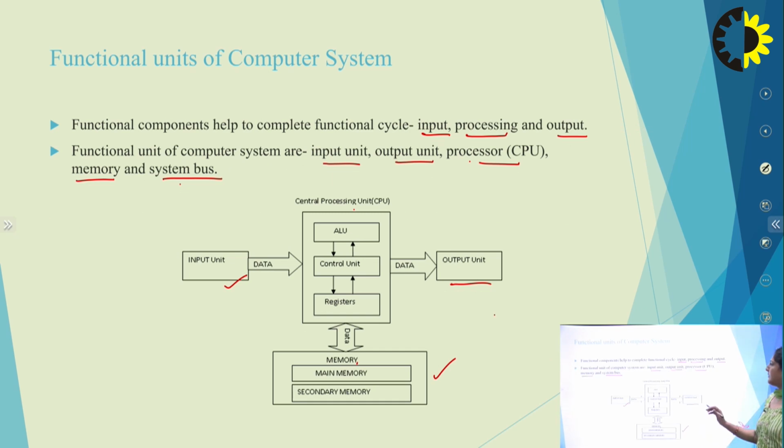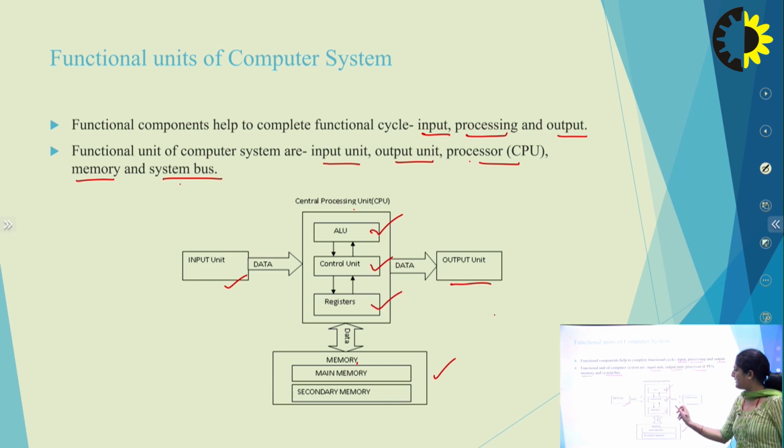In the previous slide, we saw the central processing unit. What is the function of the ALU? Arithmetic and logic unit means it performs mathematical as well as logical calculations. The control unit organizes the data inserted by the input unit, and how the processing is done is all checked by the control unit.